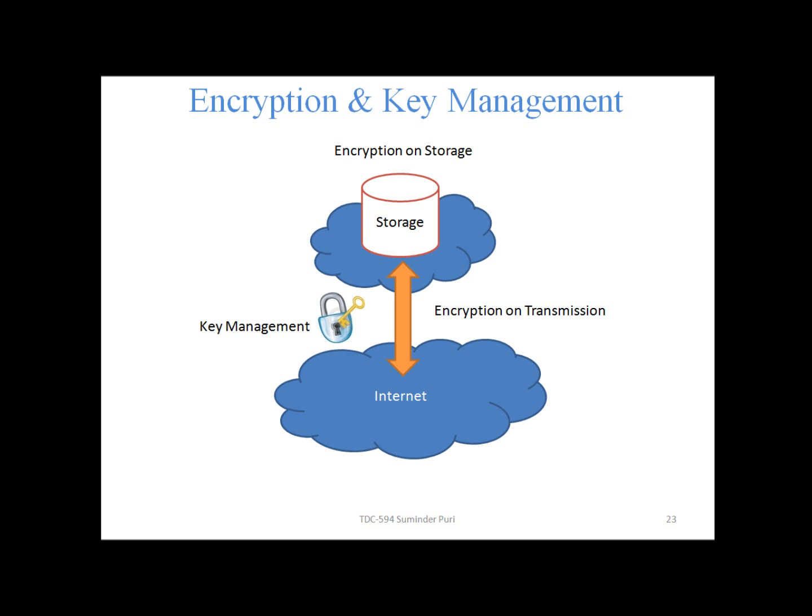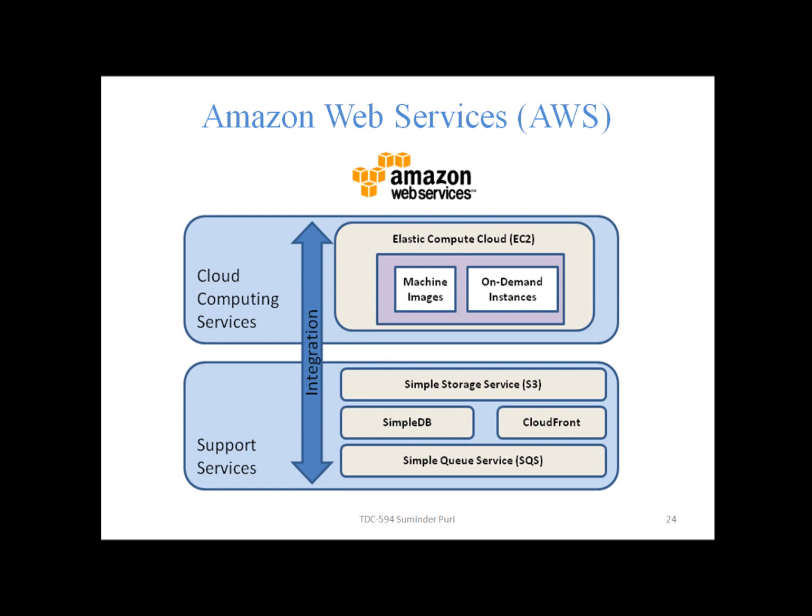This is the thing that I showed in a graphical way, showing how the key management and the encryption on the transmission is taking place. To explain more about encryption and key management, I have taken an example of Amazon Web Services, how they work and what they do for securing their web services. So we'll just take a look.